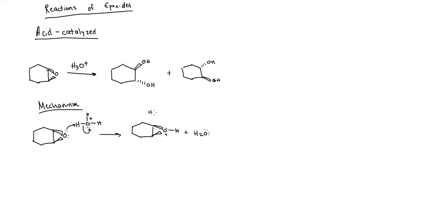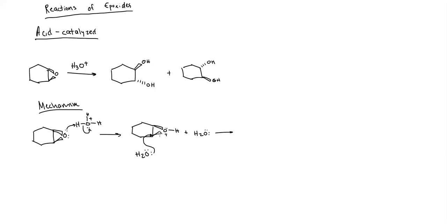So what happens is water from somewhere else in the solution, and actually I'm going to draw it down here. Water from somewhere else in the solution is going to come in, it's going to attack from behind on one of the carbons, okay? And it always attacks the most substituted, but you'll notice that these are equally substituted, so it doesn't matter in this case.